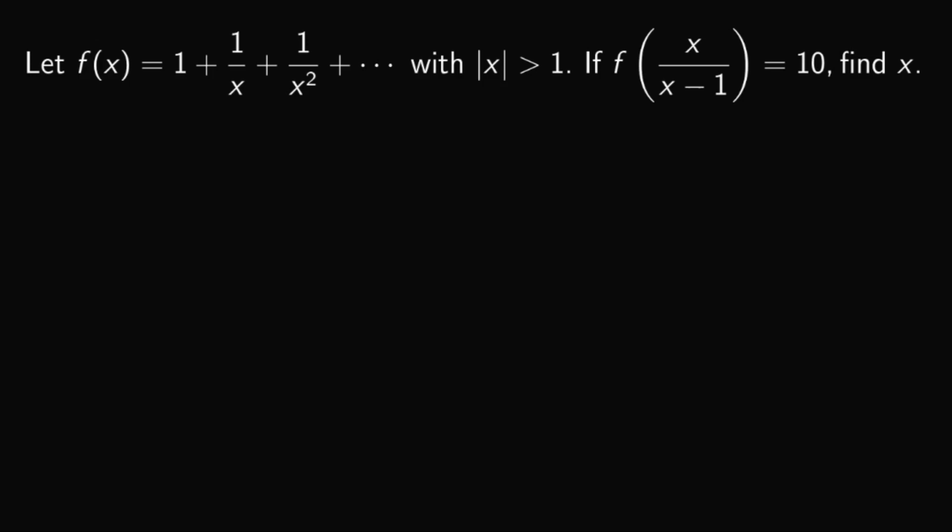Okay, so let's start. To solve this problem, first take note that f of x out here is an infinite geometric series. Indeed, observe that we can write this one as 1 plus 1 times 1 over x plus 1 over x squared and so on.